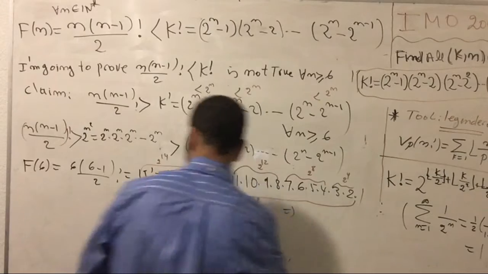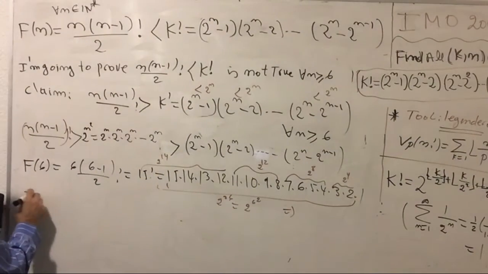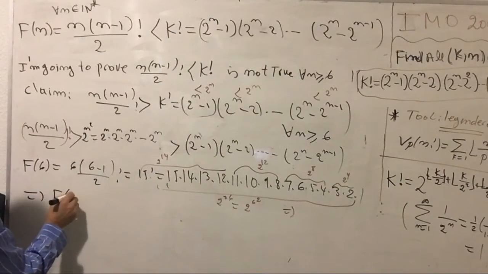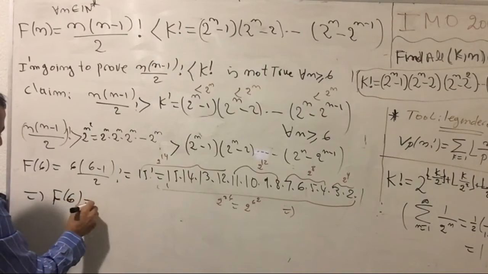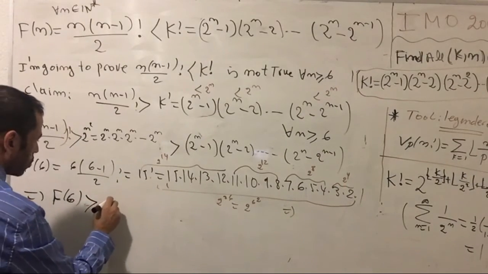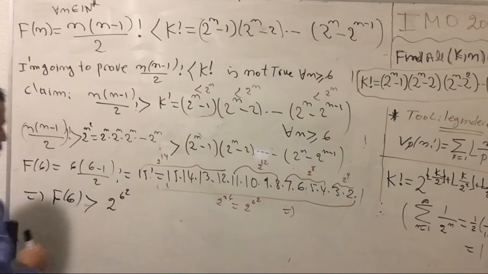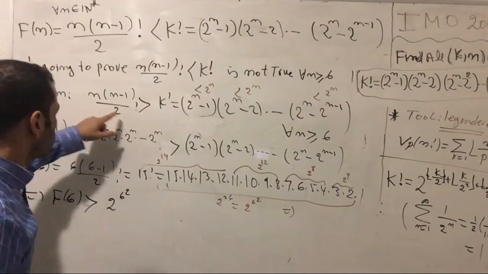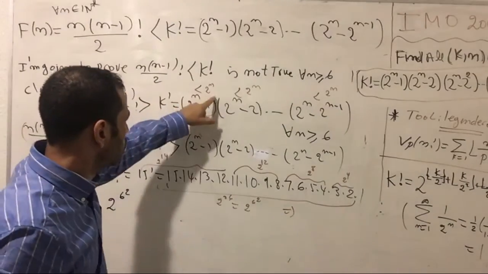So that means f of 6 is bigger than 2 to the 6 squared. You see number 6 is verified here; this inequality is verified.